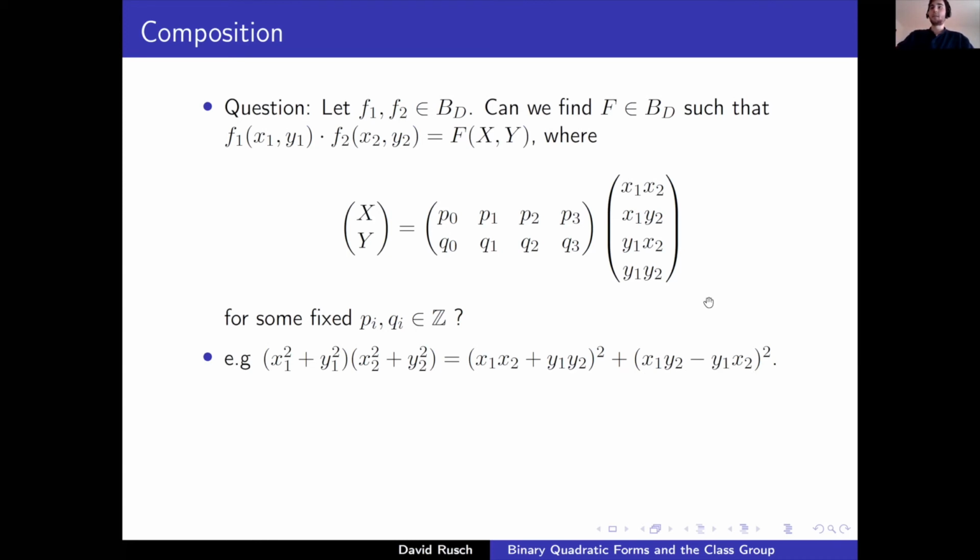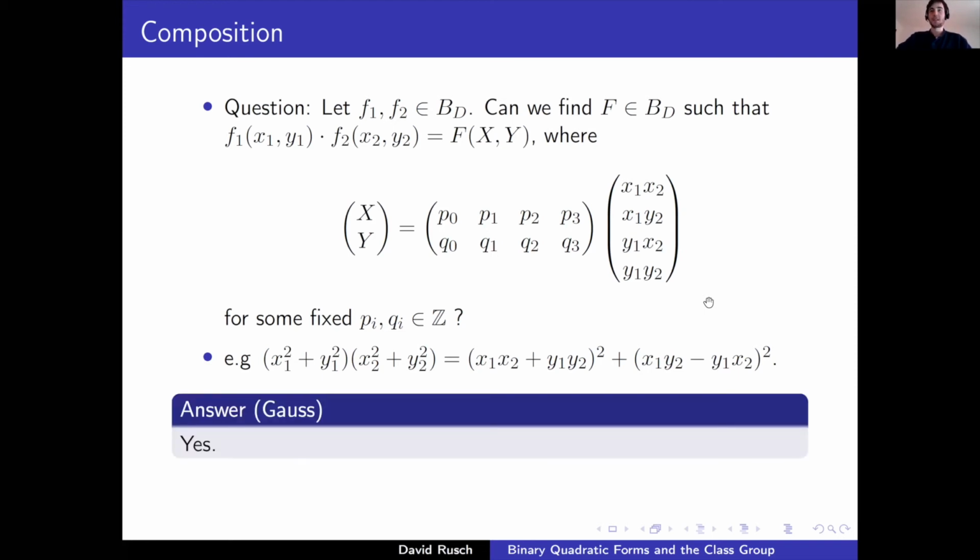And there's an answer to this question found by Gauss. Gauss says, yes, it is always possible, as long as this D is always the same, we can find this. But as you can see, there are 8 variables already here, and we also have 3 constants for this f1 and 3 constants for this f2, and then we have to find 3 constants for this capital F. It could get really complicated.